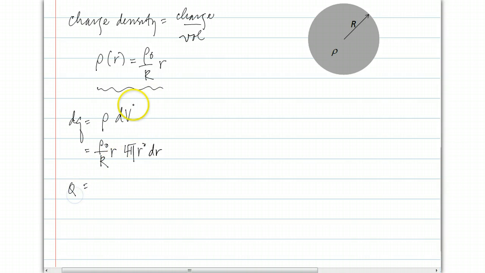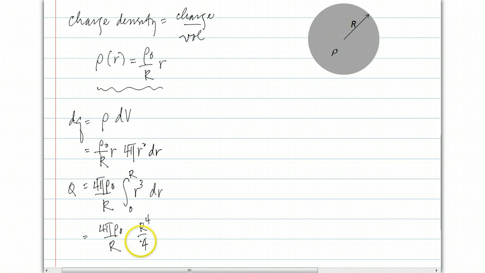And I want to integrate both sides. 4 pi rho naught over R, I have the integral of r cubed dr from 0 to big R, and that of course gives me R to the fourth over 4. The 4's cancel.